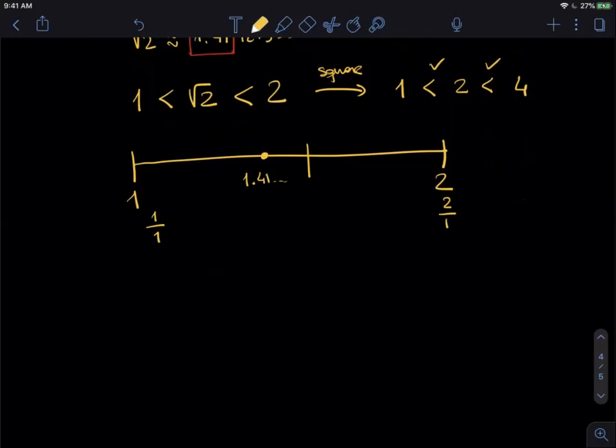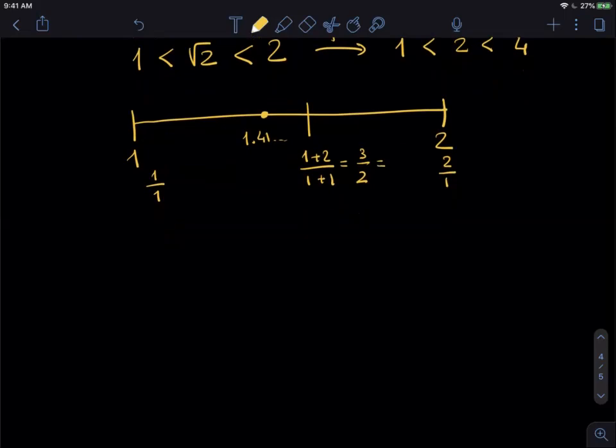We said that if I compute 1 plus 2 divided by 1 plus 1, if I add together the numerators and then add together the denominators, I always get a fraction that is in between. Okay, so this is 3 divided by 2, that's 1.5. You see this one is terminating, no problem. I know right away that 1 is less than the square root of 2 less than 3 halves. Okay, so we have an approximation right there, but it's not good enough yet.